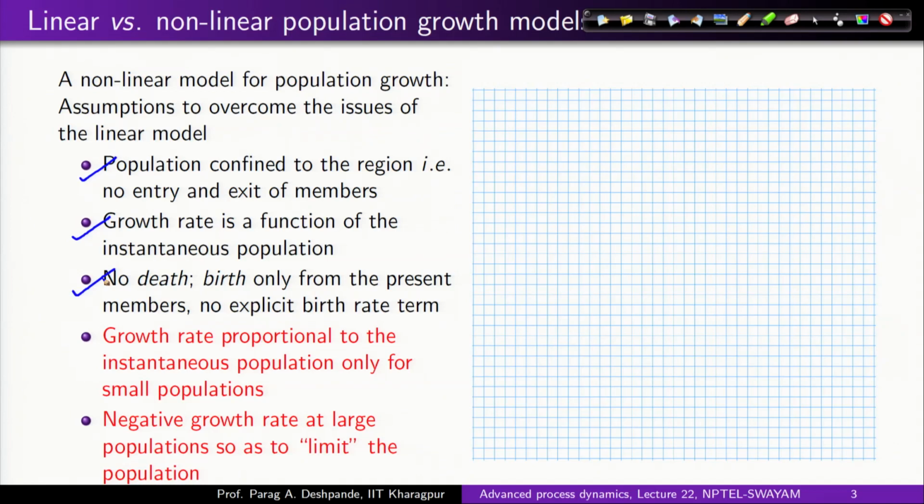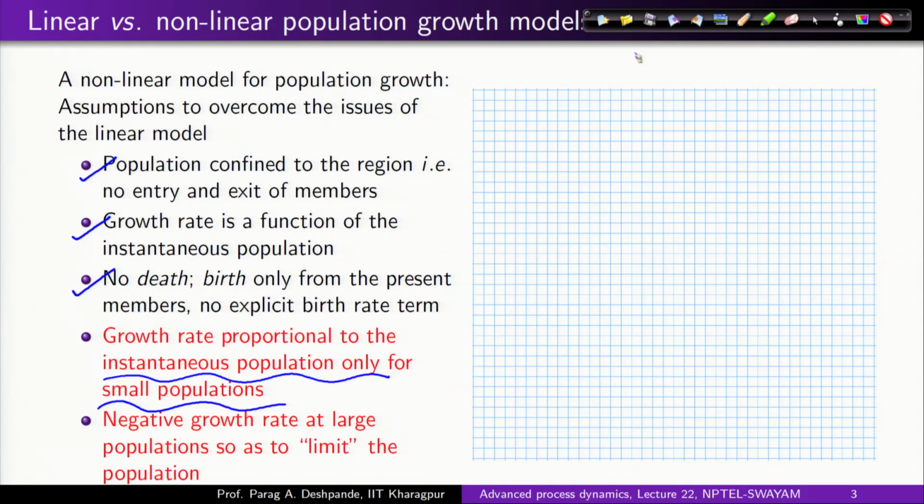Now, growth rate proportional to instantaneous population only for small populations, this is important. What you have done is, you have said that growth rate is proportional to the instantaneous population only for small populations. That means, only when the populations are small, your growth rate would be proportional to the instantaneous population.